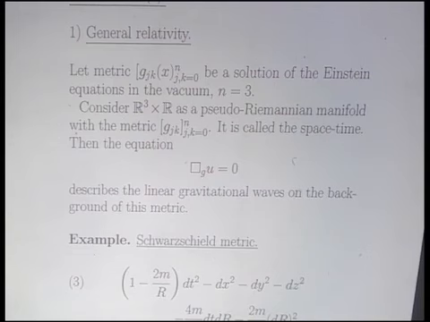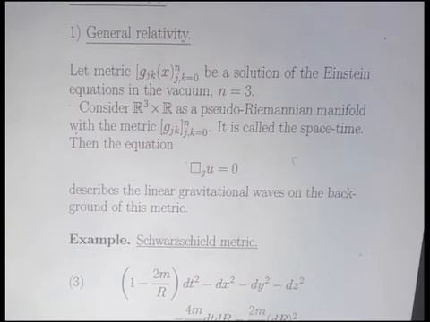We consider the 4-dimensional space R^3 times R as a pseudo-Riemannian manifold with this given metric. This manifold is called space-time, and the wave equation describes linear gravitational waves on the background of this metric. This is the terminology of general relativity.